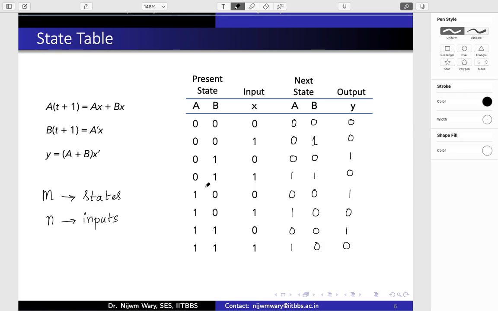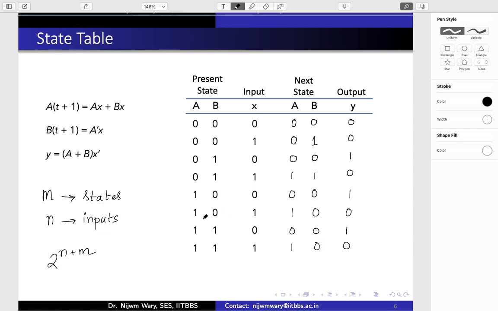The number of rows for this kind of state table will be 2 power n plus m, because we want to find all the possible combinations of the input and the present state. So this is how we can find the state table.